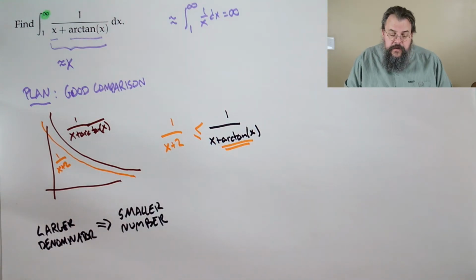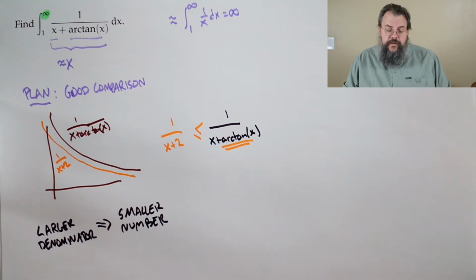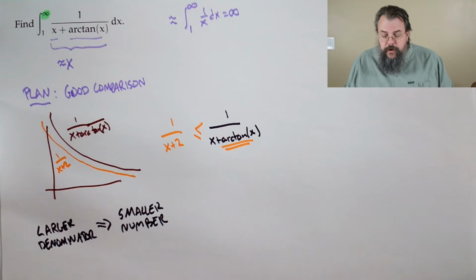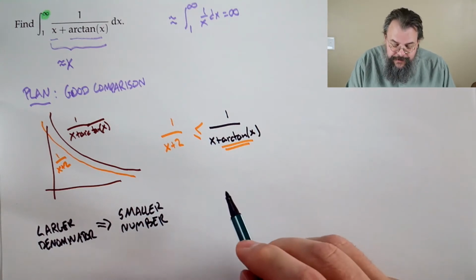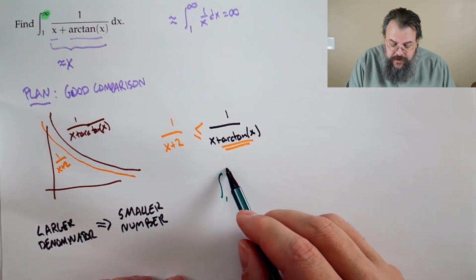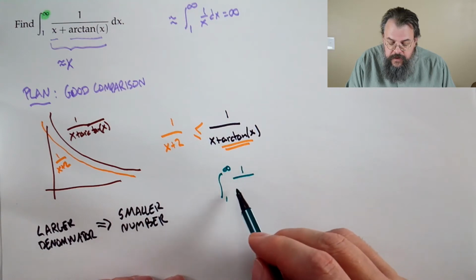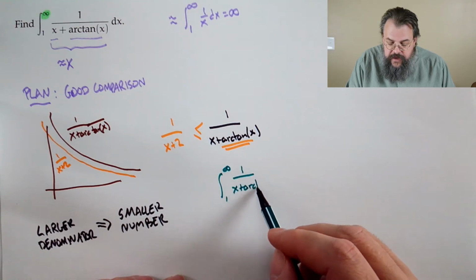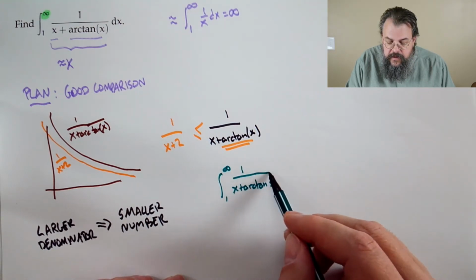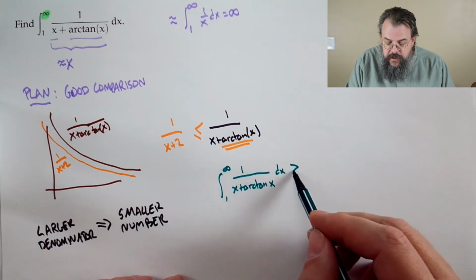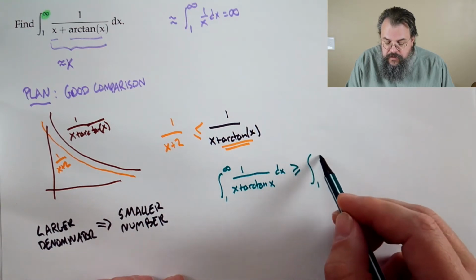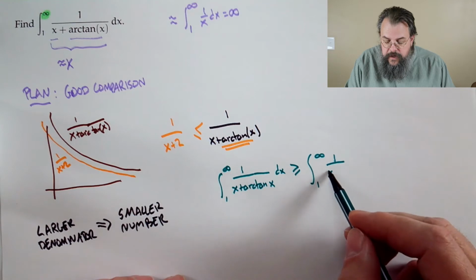All right, well now, what can we say? Because we have this nice bound, we can say the following. We have, lo and behold, our integral from 1 to infinity of 1 over x plus arctangent of x is going to be greater than or equal to the integral from 1 to infinity of 1 over x plus 2.